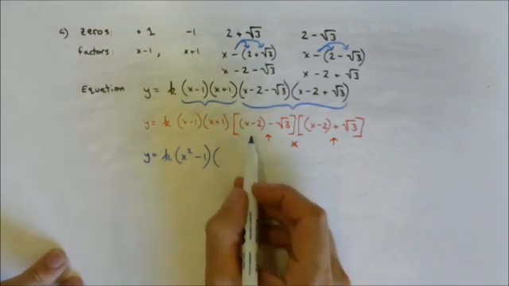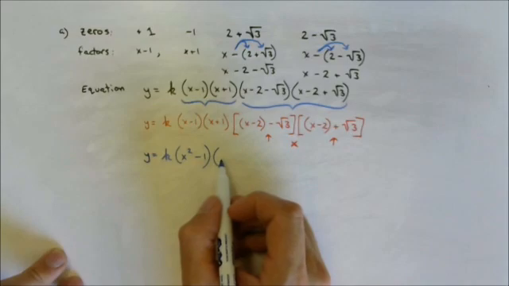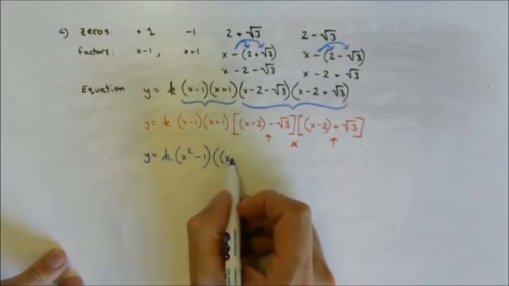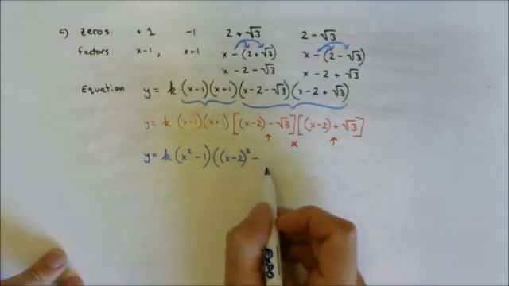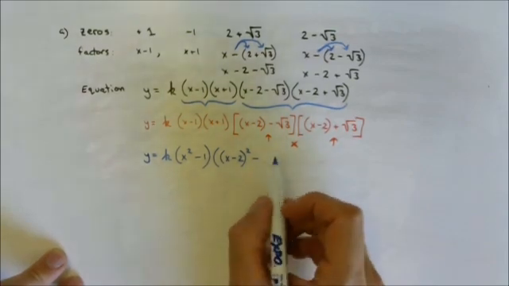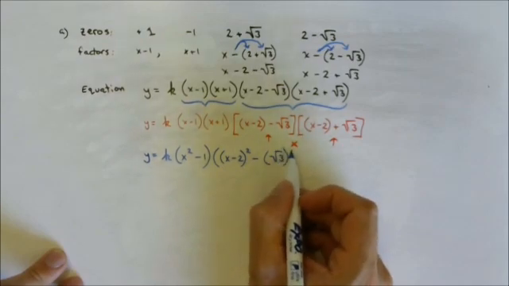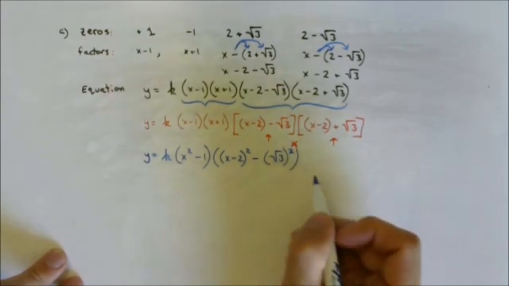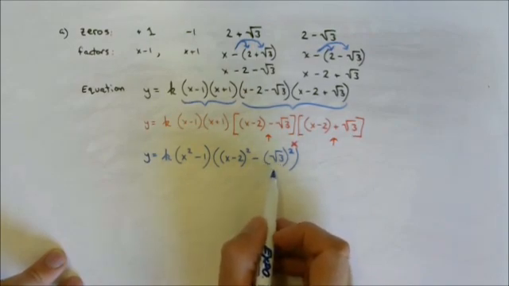And these next two square brackets would be x minus 2 squared minus, and I'll write this step so we can see it step by step, what happens when you take the square of a square root. You have the square root of 3 squared.